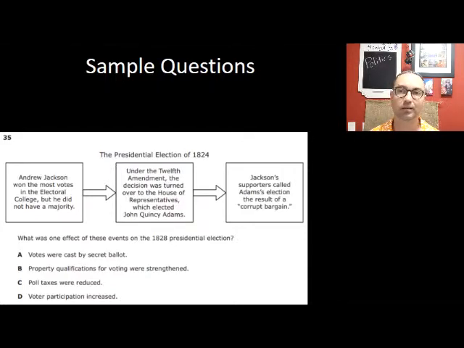And so at that point, the election goes to the U.S. House of Representatives to see who is going to be the president. Well, in what became known as the corrupt bargain, the United States House of Representatives does not go with Andrew Jackson in 1824. They elect John Quincy Adams as president. So John Q. Adams becomes president 1824.